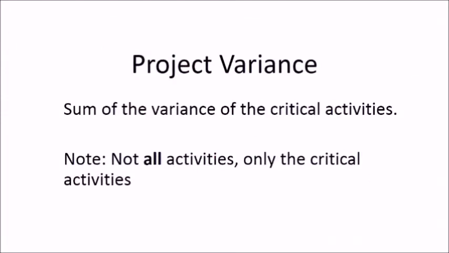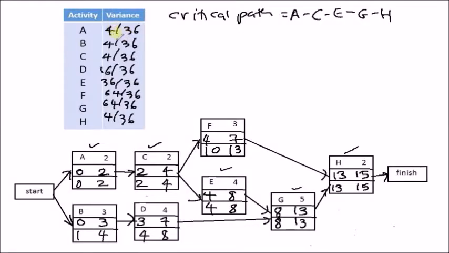We can also calculate the project variance. Project variance is the sum of the variance of the critical activities. Note that we don't use all the activities, only the critical activities. Previously, we have calculated the variance for each activity.